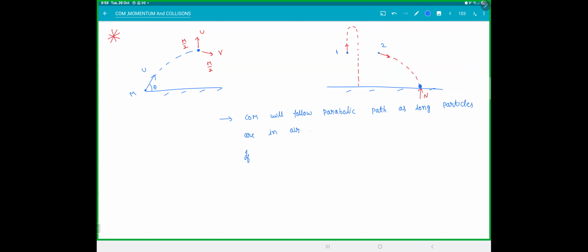If even one particle hits the ground, it stops. If one particle hits the ground, we get a normal reaction from the ground, which is an external force. And this is going to affect the center of mass motion. We get normal reaction, which is an external force.